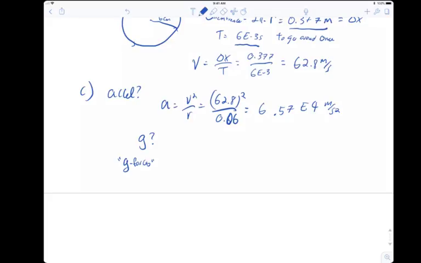It's a measure of gravity. That's what the G stands for. So it's just some multiple of 9.81. So 6.57e4 divided by 9.81. Huh.